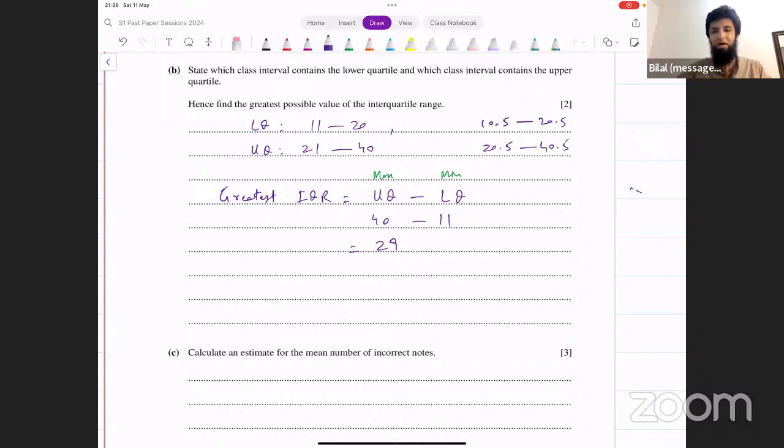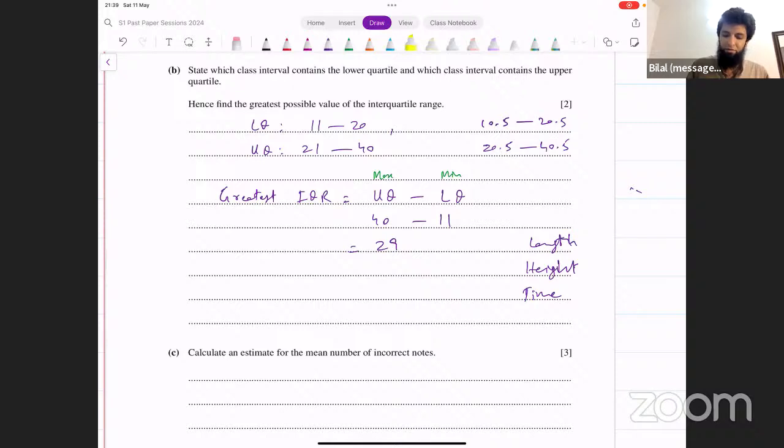If it was some other variable, for example length, height, time, something that can also have decimal values, right? Time can be in decimals, height can be in decimals, length can be in decimals, or any other variable that can take decimal values as well.